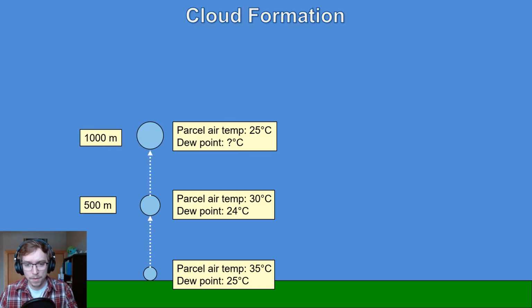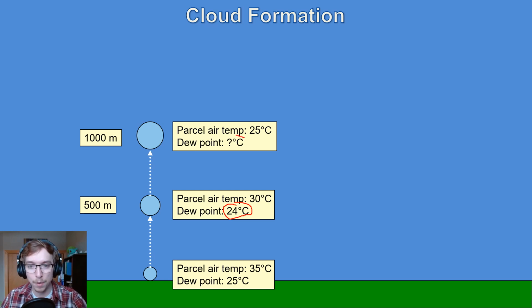What's our dew point? Rather than being 25 degrees Celsius, as the dew point originally was, it's now 24 degrees Celsius because it has dropped 0.2 degrees Celsius for every 100 meters.